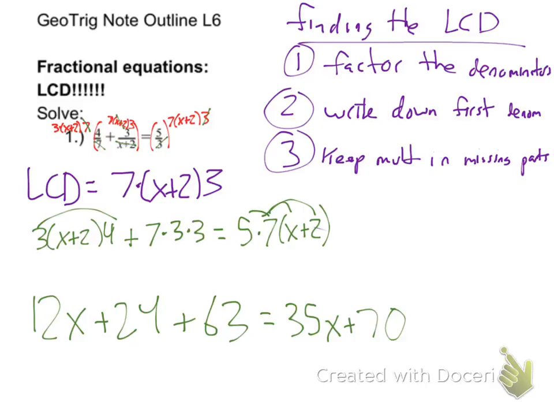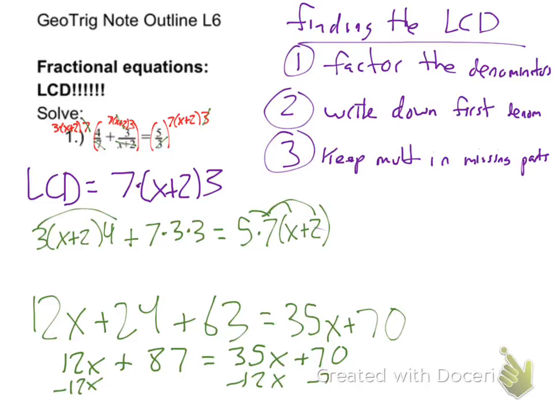Gathering up like terms, 12x plus 87 equals 35x plus 70. I'm going to bring the x's to the right side and the numbers to the other.